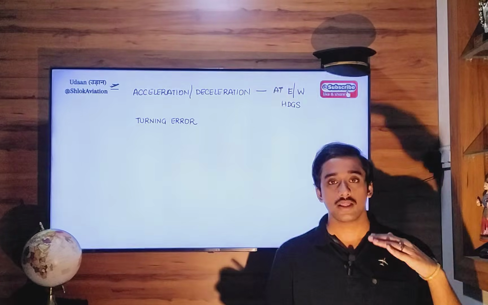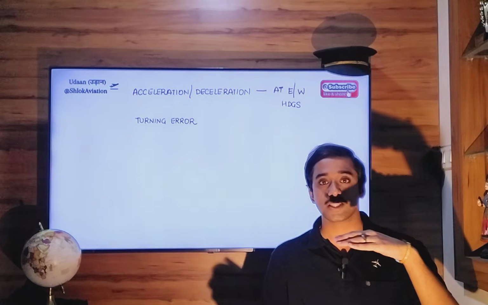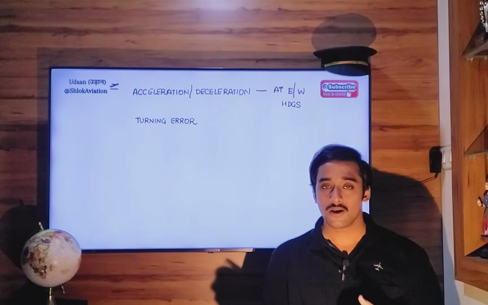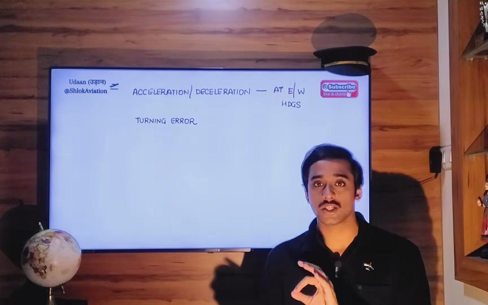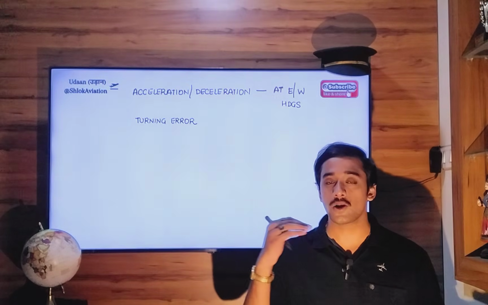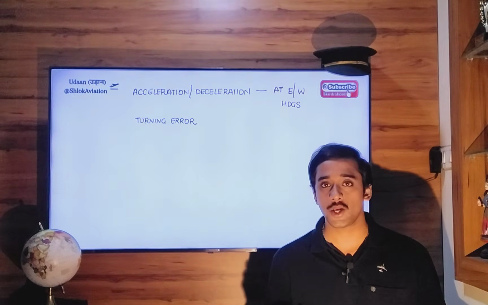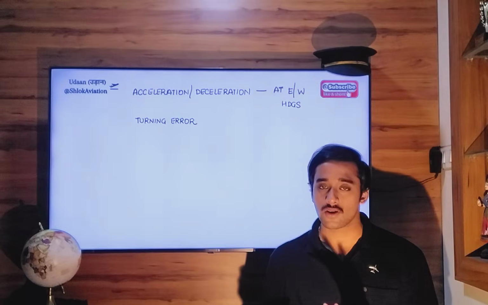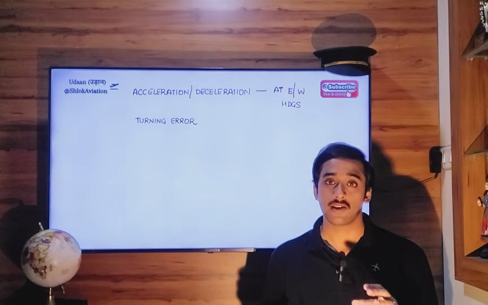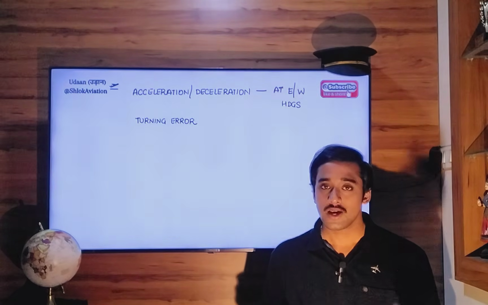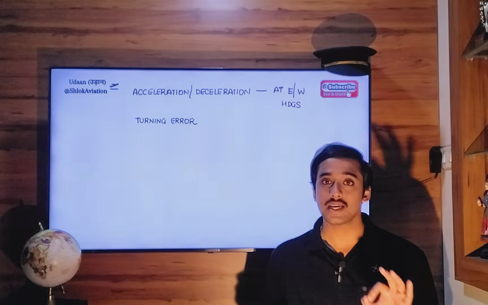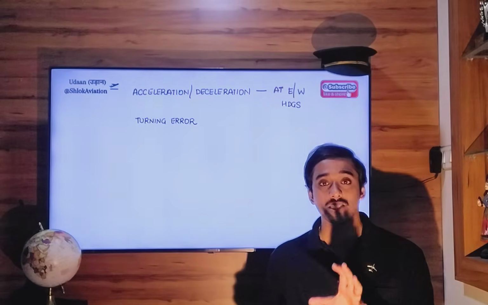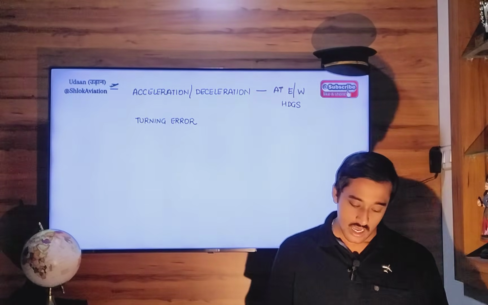So let's say you are flying at a heading of westerly 270, and you accelerate your aircraft, so there will be something called acceleration error. Let's say you are flying 090 heading and you decelerate your aircraft, you slow down your aircraft. So again, there will be a deceleration error. So acceleration deceleration error happens at easterly and westerly headings.